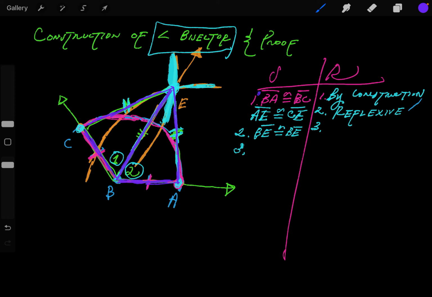One side, BA, this side, congruent to BC. Then we have AE congruent to CE, and then we have BE congruent to itself. So I have that these two triangles are congruent. Triangle BAE is congruent to triangle BCE. And that's by side, side, side.